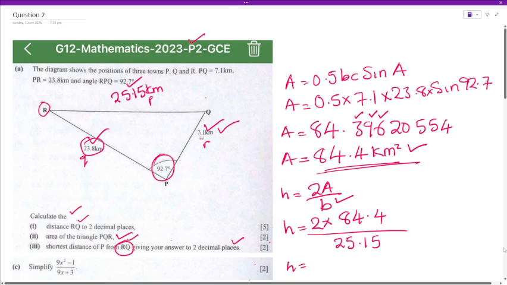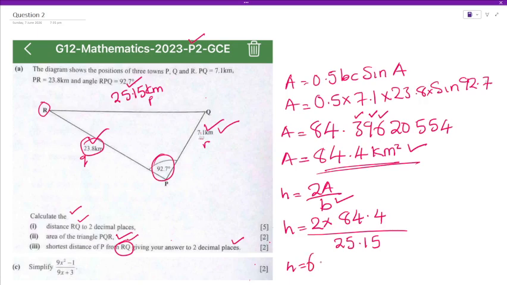That gives me 6.711 7296 729622, which when you round off to 2 decimal places, it gives you 6.71 kilometers. They're using kilometers in this question. Okay, 6.71 rounded off to 2 decimal places.